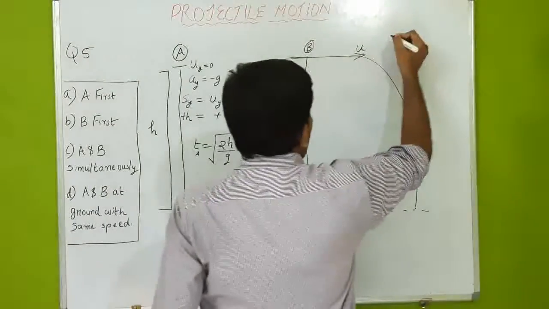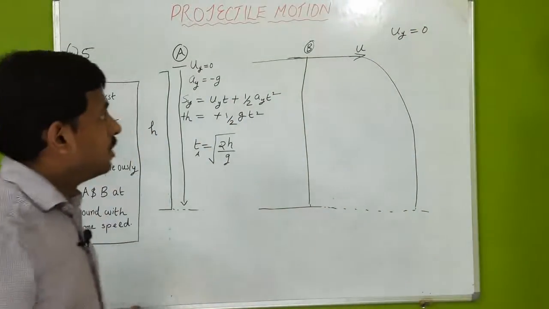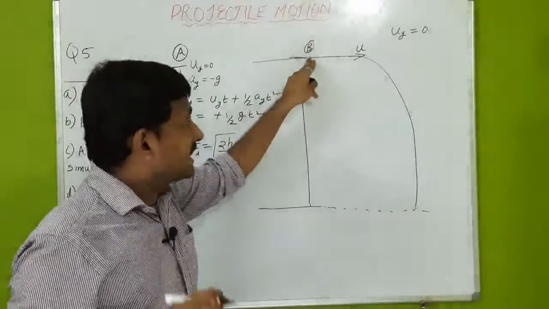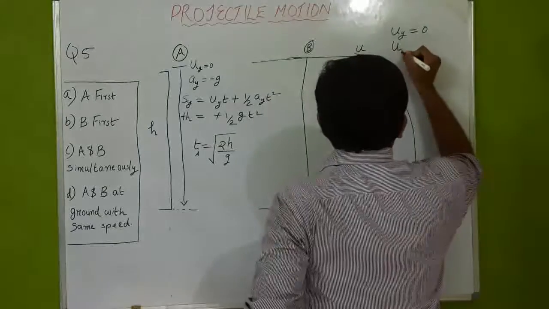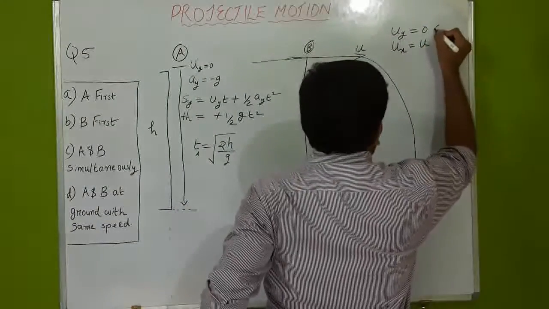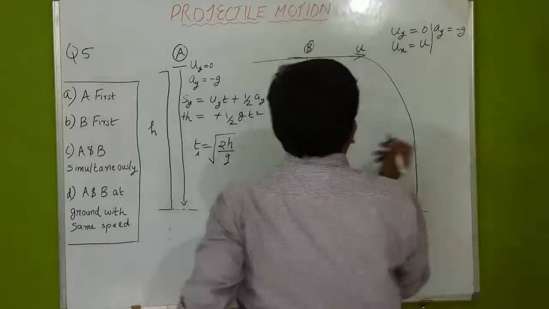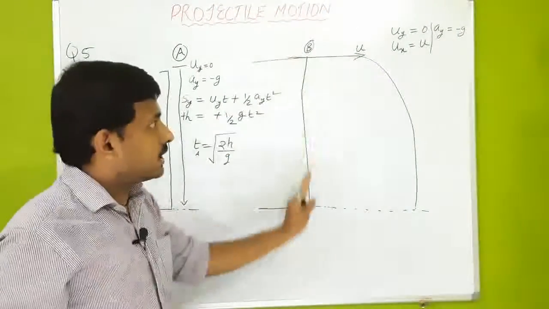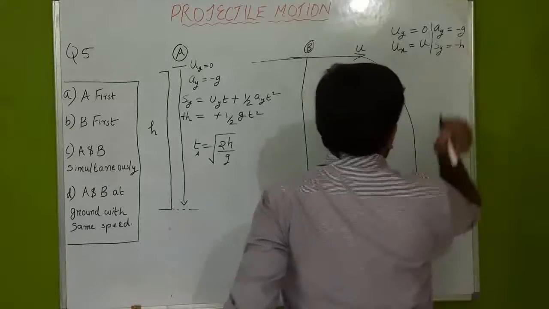It also has a y component of velocity equal to 0, because it's moving in the x direction. Its initial y component of velocity is 0, its initial x component of velocity is u, and its y component of acceleration ay is minus g. Similarly, its displacement in the downward y direction, sy, is minus h.